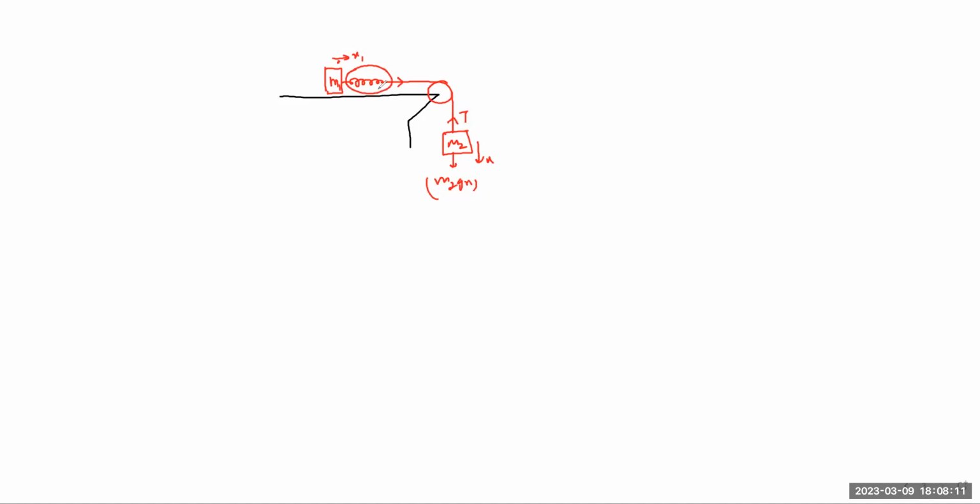So how much energy is obtained by M1? Can you guess? It is only T x1, right? M1 will receive T x1, but how much energy is taken by the tension here? So tension is consuming how much energy? T X. So out of T X energy, the block is getting T x1.